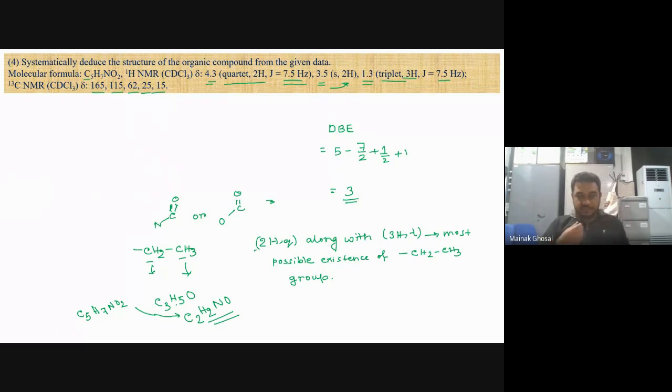Now, if nitrogen or oxygen is gone, we will be left with C2H2 kind of thing. If nitrogen is gone, then we will be left with C2H2O kind of thing.